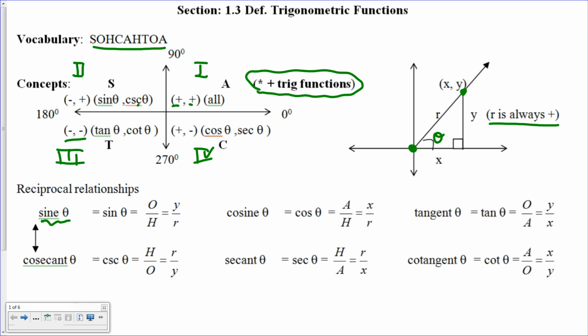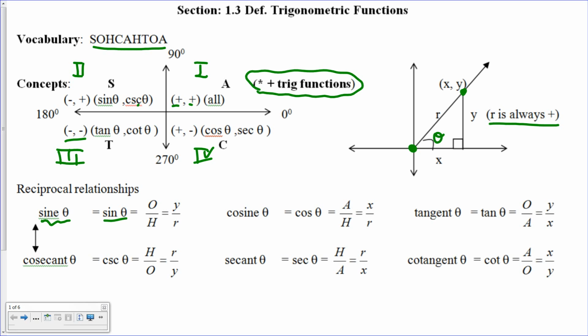This cannot be separated. It is one unit. Some students will think that it's times throughout the whole trig section and get confused on the algebra. It has to stay the same, sine theta. Don't drop the theta, keep it with the trig function. We all write it as the sine of theta, it's pronounced the same.